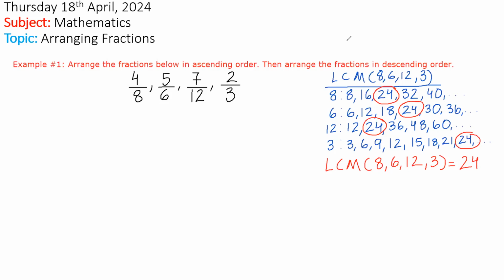So let's go ahead and do that. Let me use this color. So we have 4 over 8. For 4 over 8, we have to find an equivalent fraction whose denominator is 24.